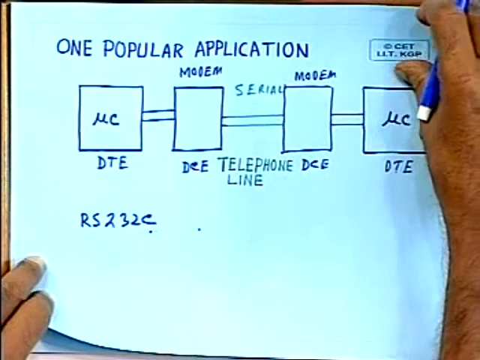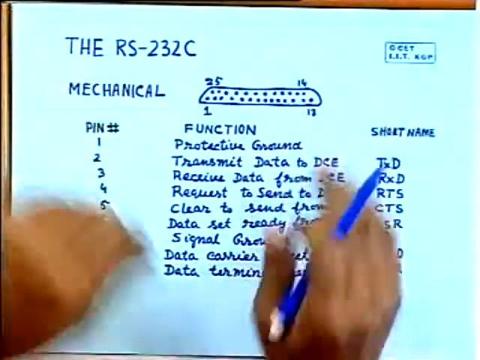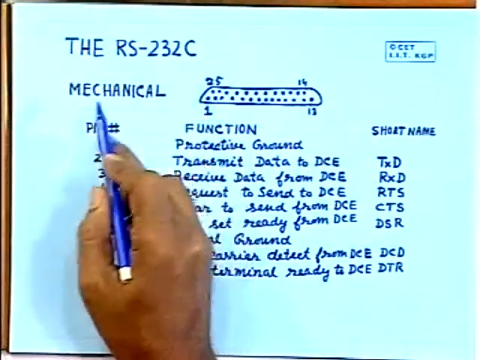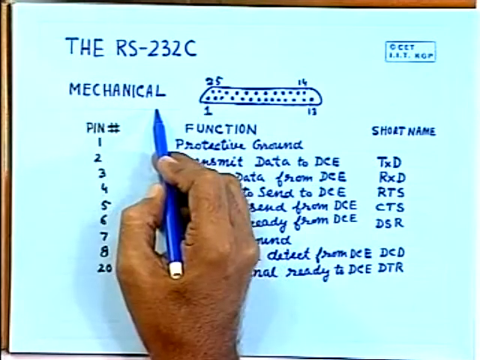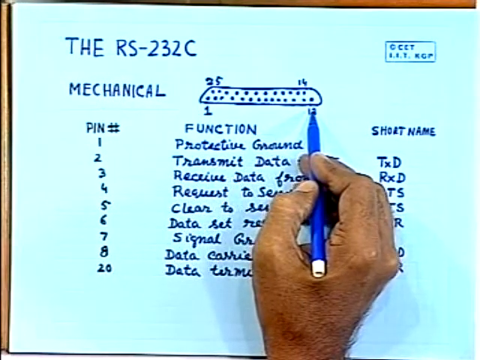Let's see the details of RS-232C. Any standard has four important components: mechanical, electrical, functional, and procedural. Let us see what is mechanical in case of RS-232C. By mechanical we mean the type of connector that will be used for interfacing.